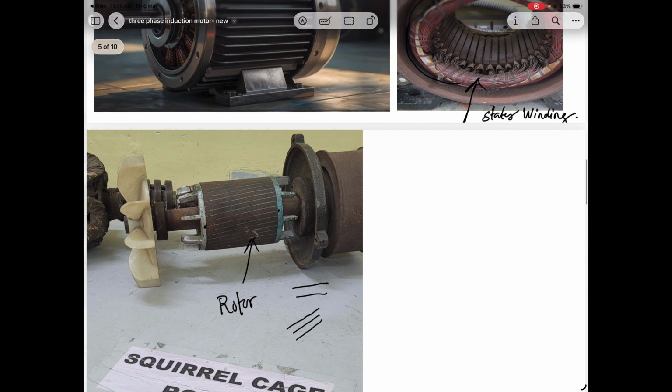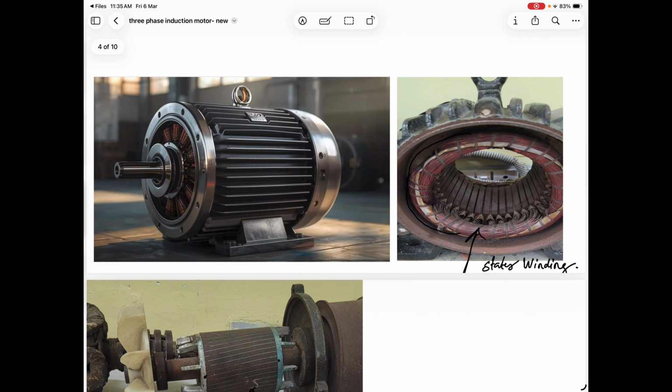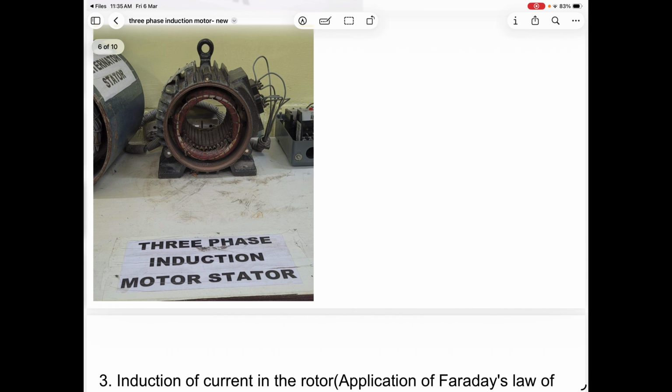So this one is the rotor, this is the stator, this is the whole motor. These are available in our basic electrical lab. Three-phase windings are there.